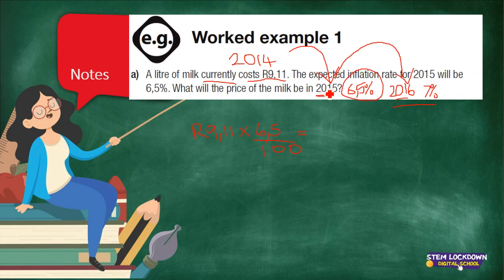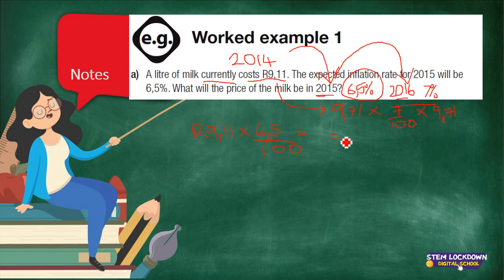I need to get a figure for 2015, right? And there it is. It was 9 rand 71. So moving from that 9 rand 71, for 2016, again, I need to add 7% or multiply by 7 over 100 times 9 rand 71, right?